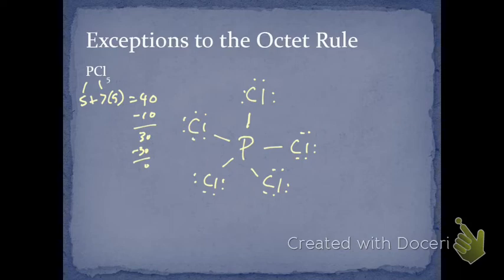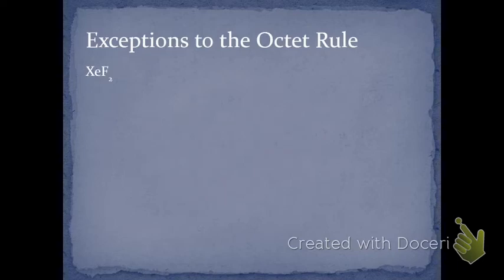All right. Let's look at another one. This one's a weird one. Xenon is a noble gas, but because it's so big, it doesn't hold on to those outer electrons as well, and so they participate in bonding. So xenon has 8. Fluorine has 7, and there are 2, so 7 times 2 is 14. So 14 and 8 is 22.